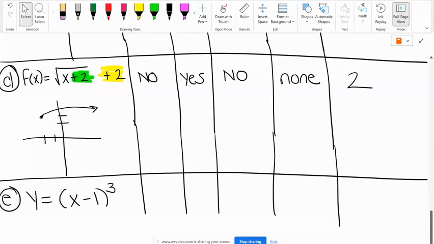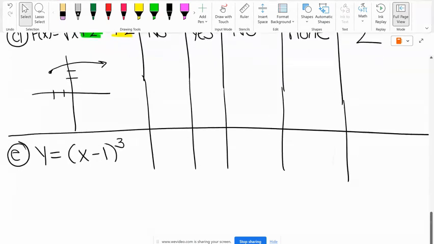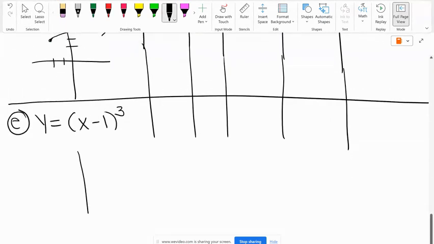What is this? Have I stumped you? What does this look like? I think this could be a disco dancer.